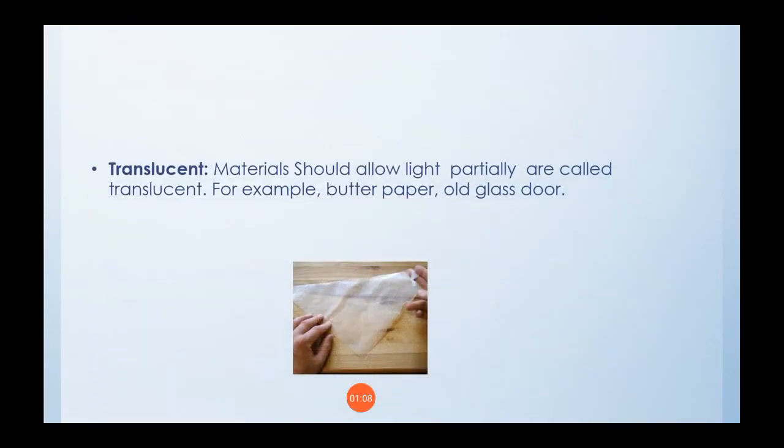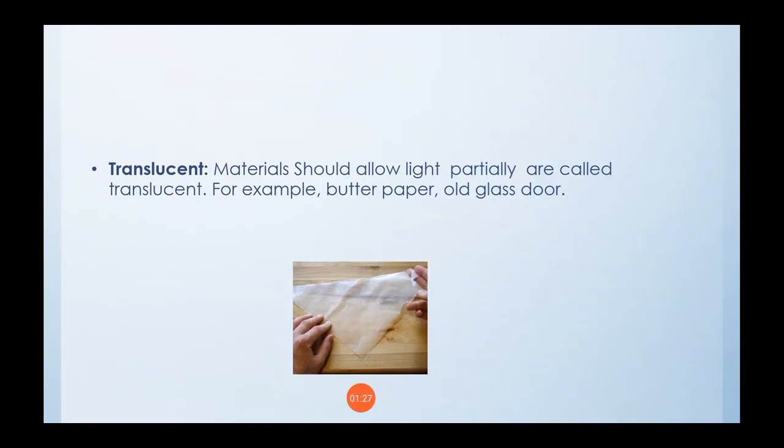Then finally, the last topic in this unit is translucent material. A material that allows light only partially, which means about half, is called translucent material. For example, butter paper, old glass door. In earlier times, our windows were not purely transparent material. It's a translucent material.